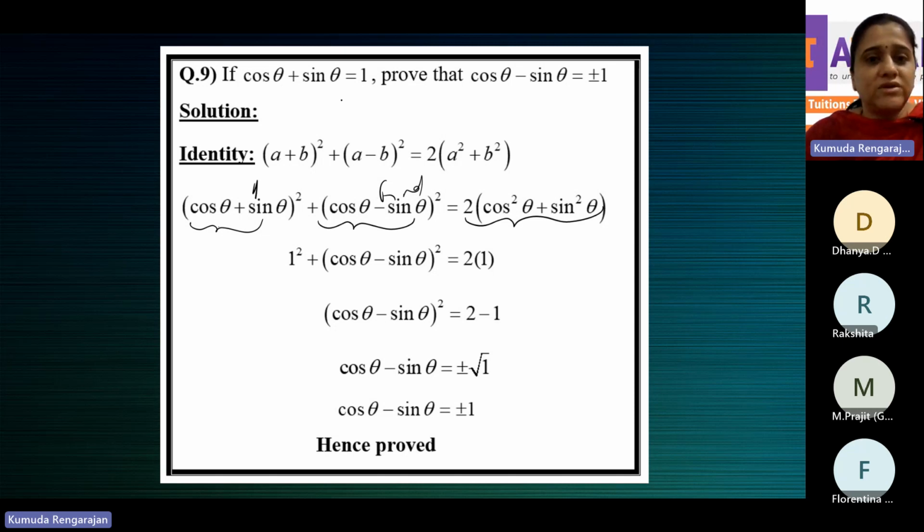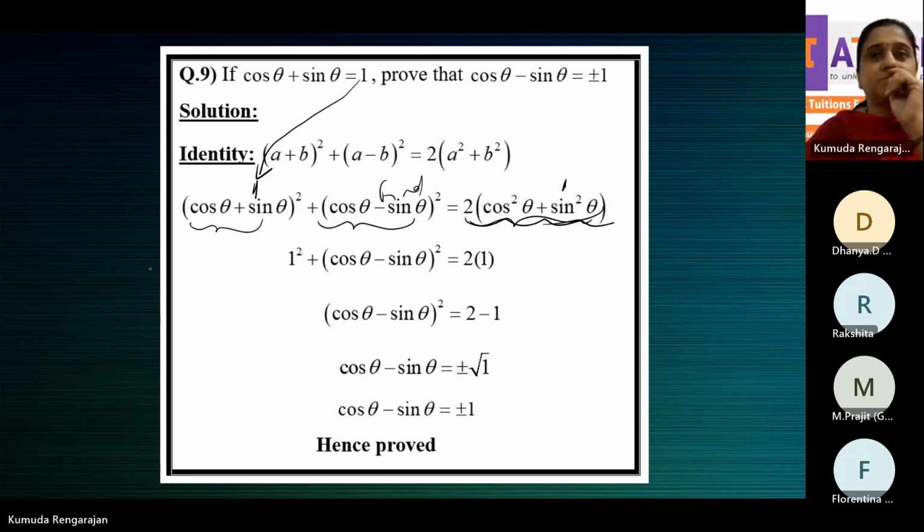This is 1 because it's given in the question itself, and this one is also 1. Whenever there are 3 unknowns in an equation, you should know the values of 2 of them. Only then can you find the third one.